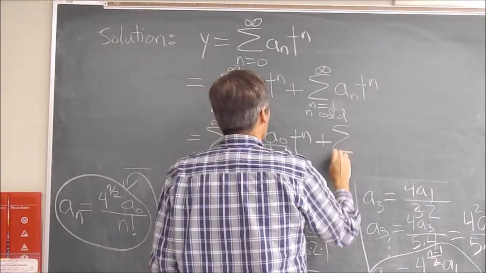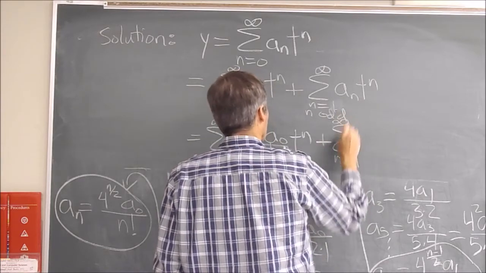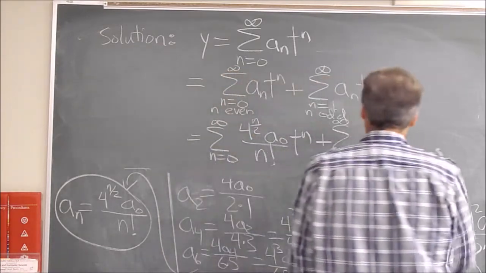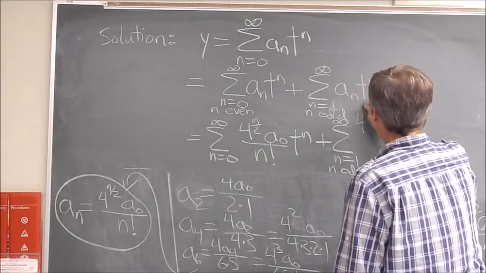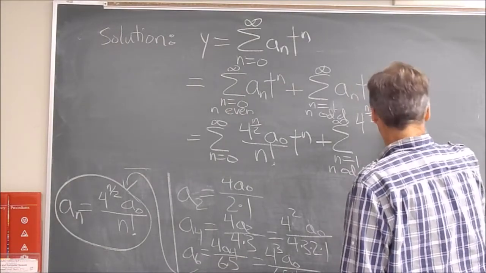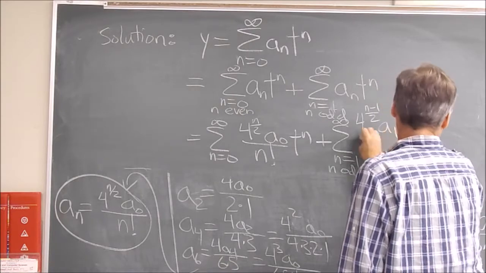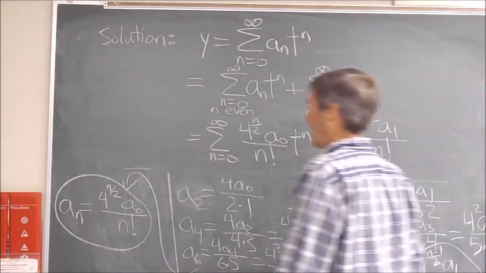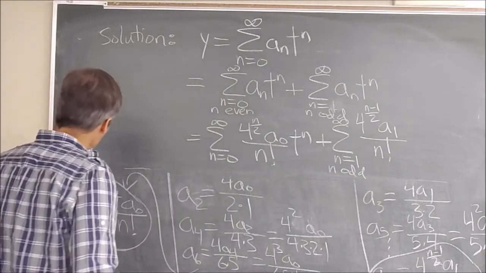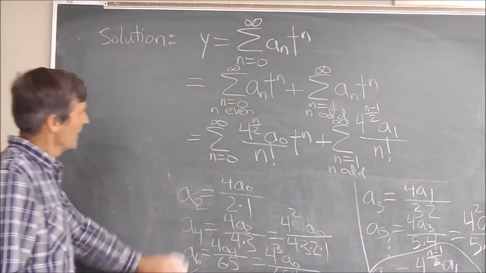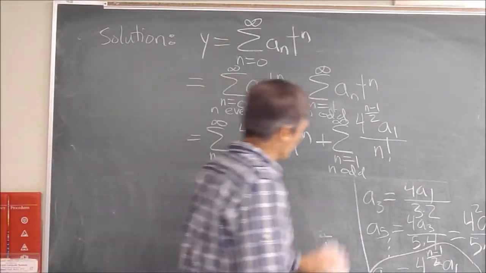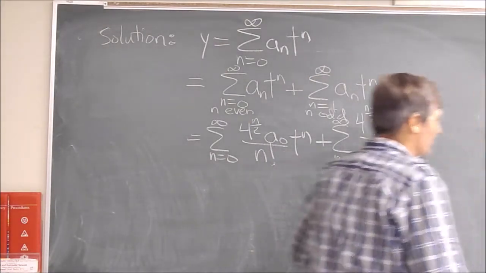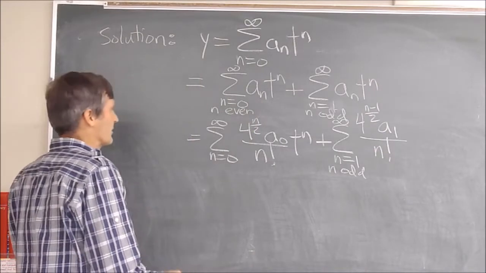This is sum n equals 1 to infinity, n odd. And the formula here is 4 to the (n minus 1) over 2, a1 over n factorial. There we have actually the general solution of this differential equation. How can you see that it's the general solution? It's pretty easy, and you would think so since we haven't made any assumptions on initial conditions. This would be the general solution.